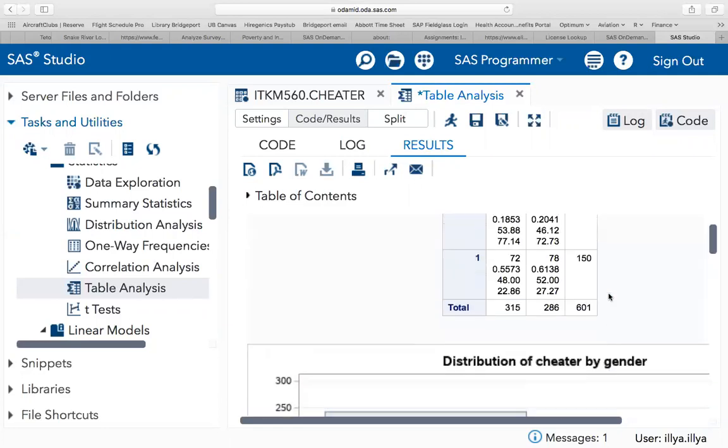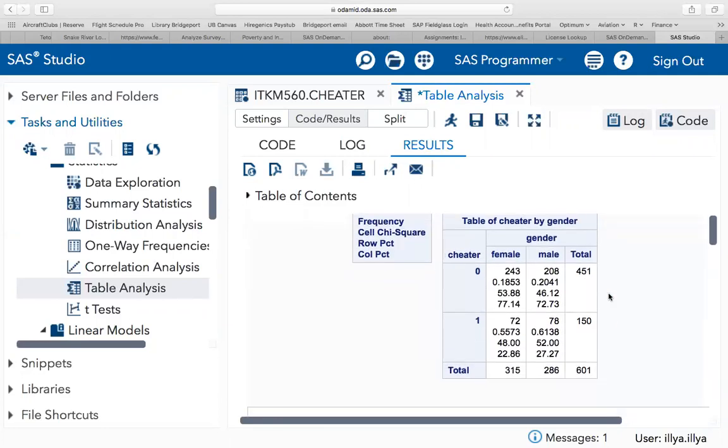So let's take a look at this table. And to be able to read this table, we'll run another test, and hopefully it comes out significant and we can start describing the relationship. But the way we see this is that we have a legend right here. It says frequency, cell chi-square, row percent, column percent.